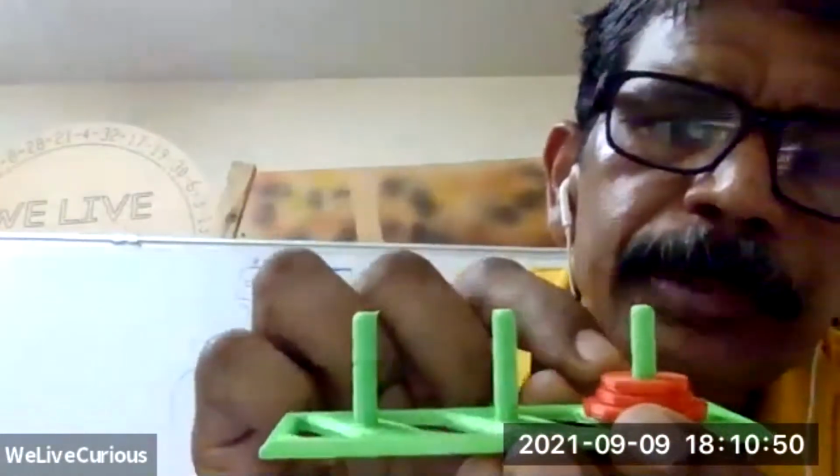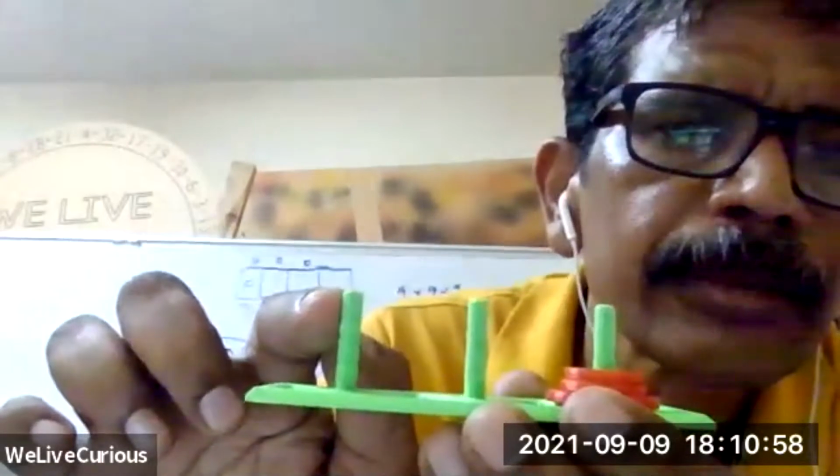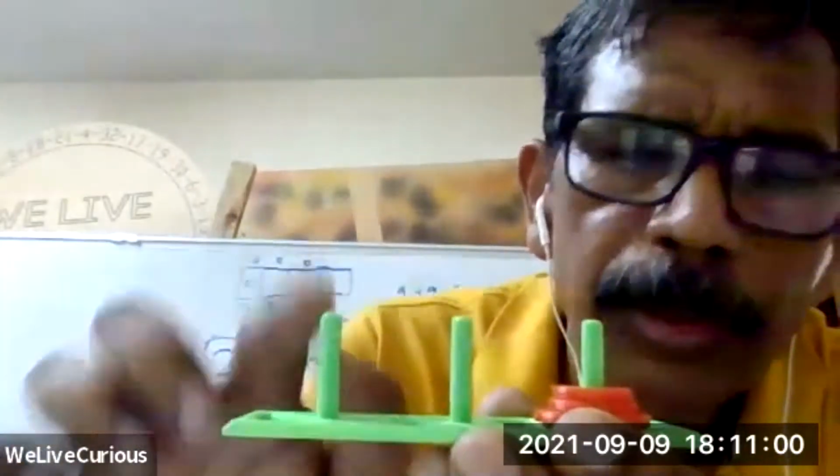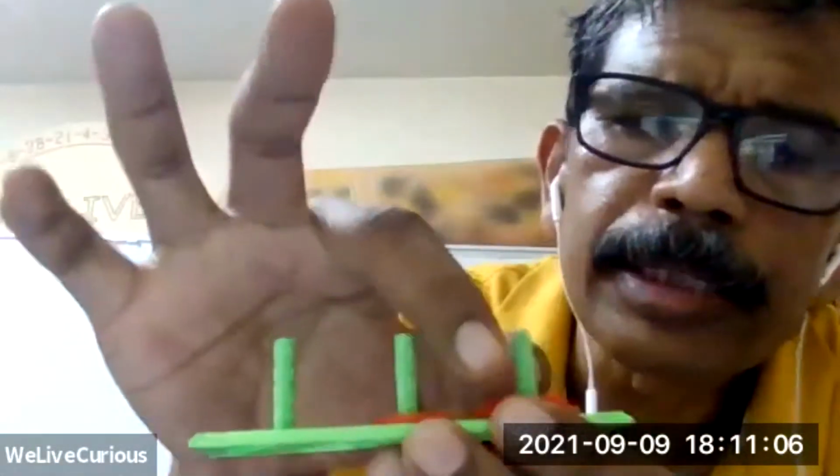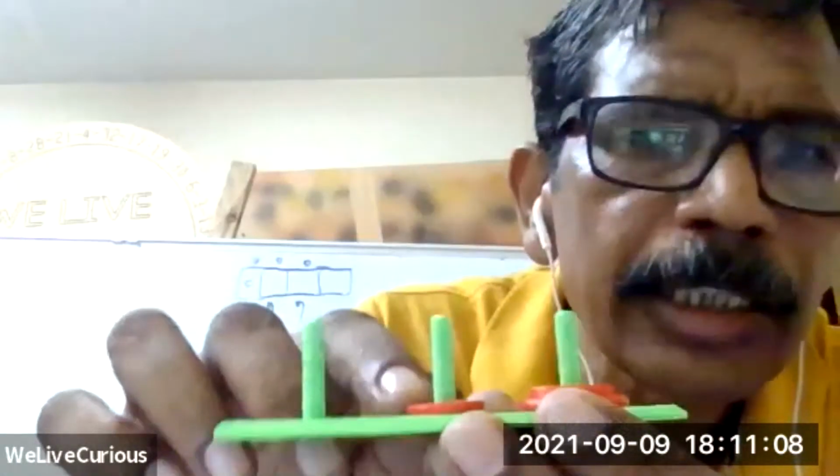You have 3 sizes of disc, 1, 2, and 3. The smallest is at the top, then larger, then larger. Now we have 3 discs. The idea is to transfer them from here to another peg. The rules are like this. Small here, then smaller, smallest. So the bigger one cannot go on top of it.